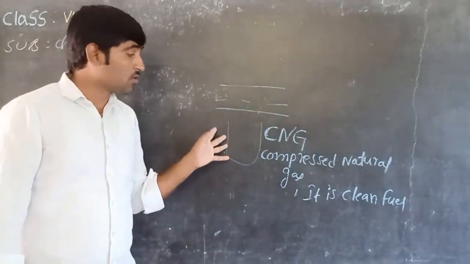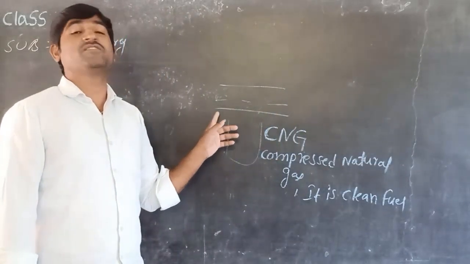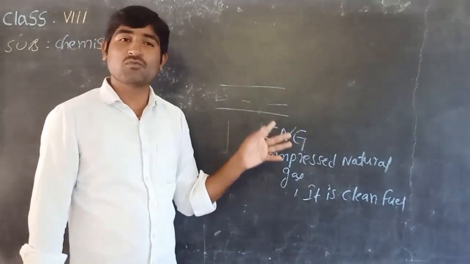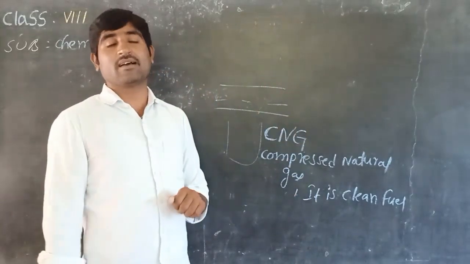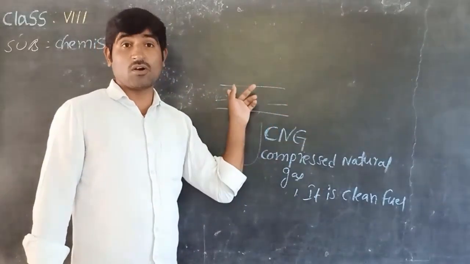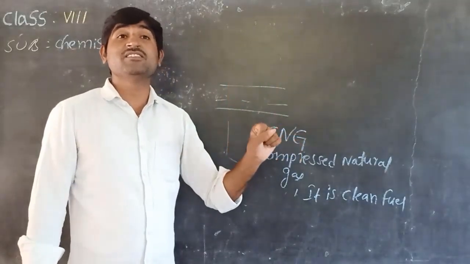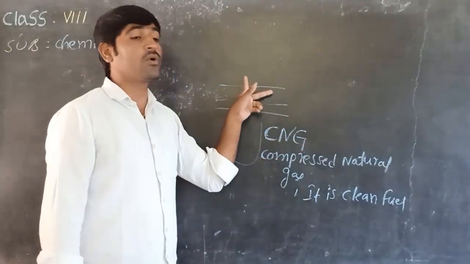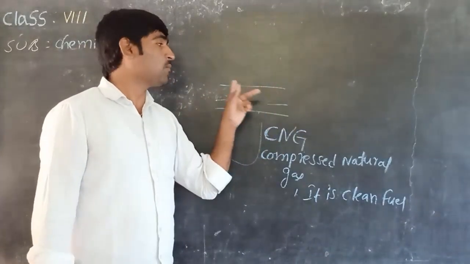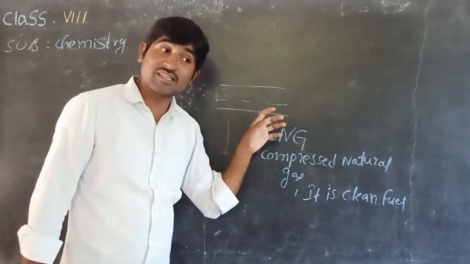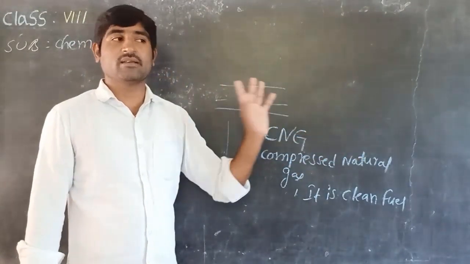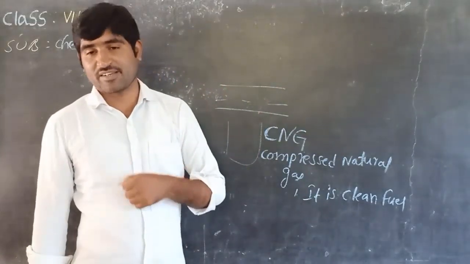Understood, children? So another advantage of CNG is that it can be used directly for burning to cook food, and in industry to generate heat, because CNG is supplied through pipes. As I told you before, transportation of CNG is very easy because it is transported through pipelines, and where the network exists, it can be used directly for burning in homes and industry.